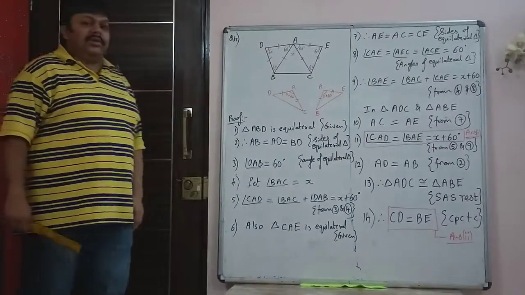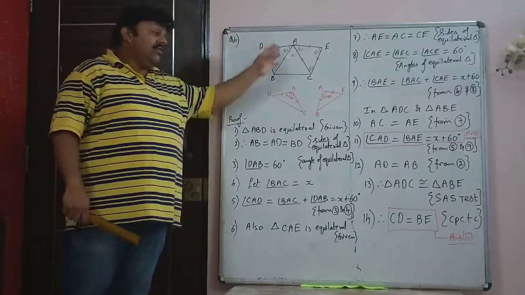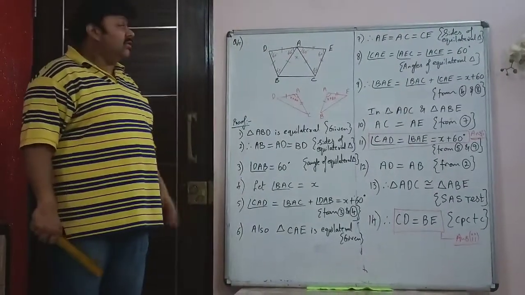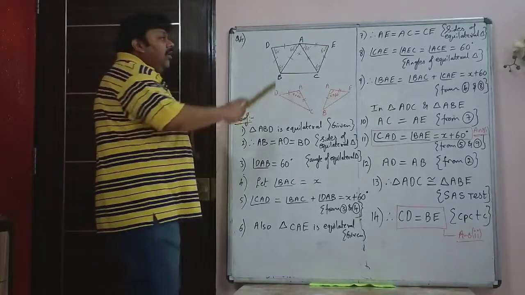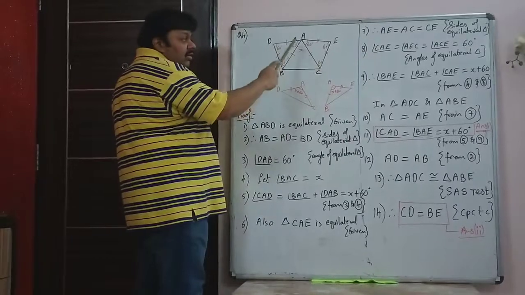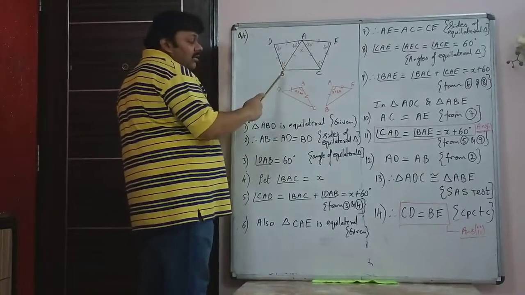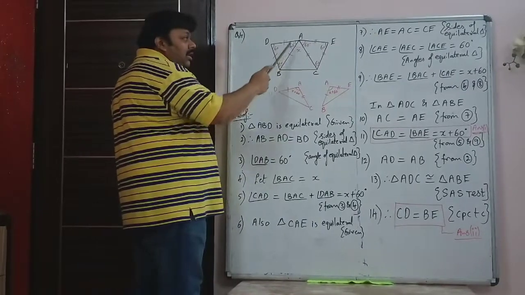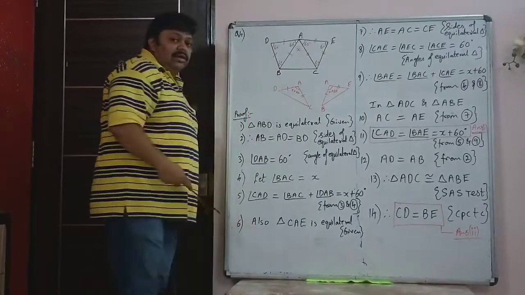14th sum is also very simple, but you have to draw the figure. The figure is not given to you in the question. The question says, on the sides AB and AC of a triangle ABC, equilateral triangles ADB and AEC are drawn.